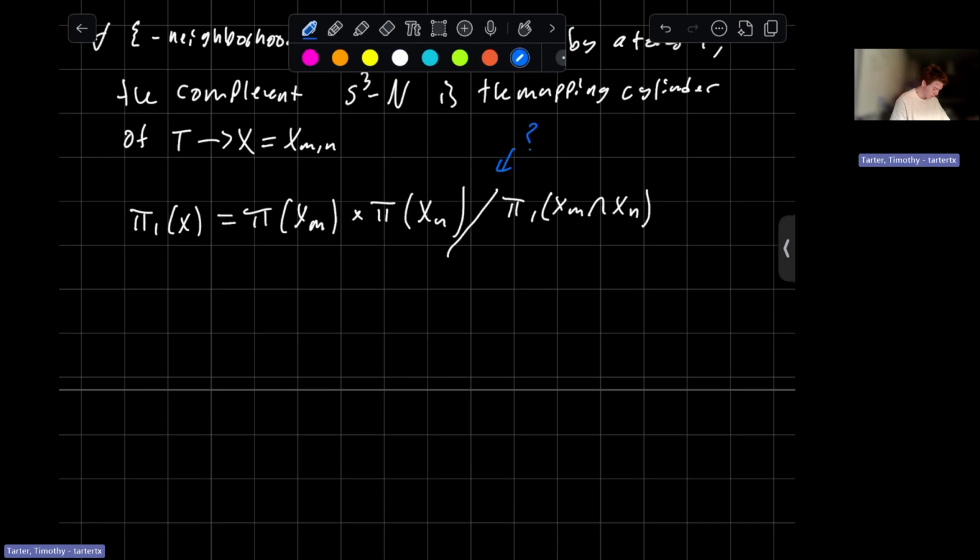I'm not entirely sure though. The way that they describe it is that this is the free group on generators A and B, mod.